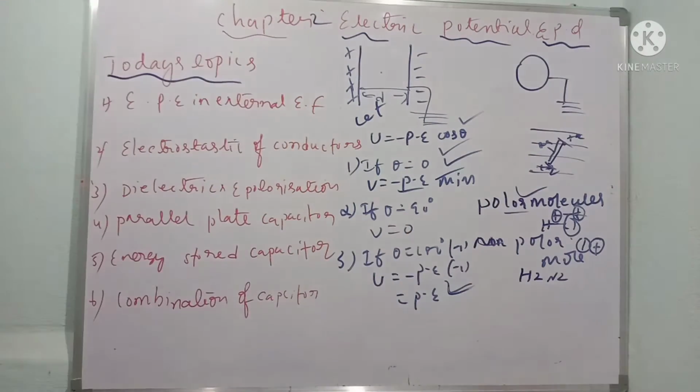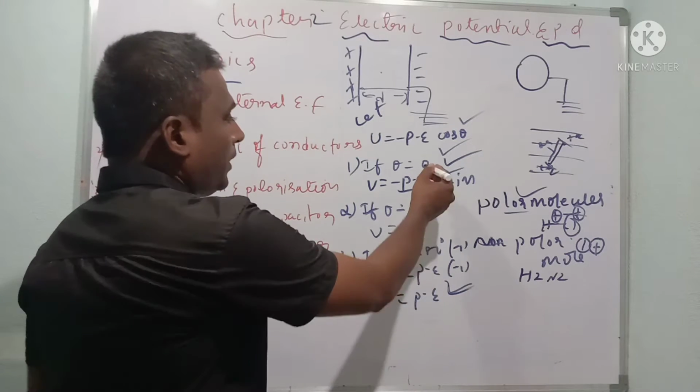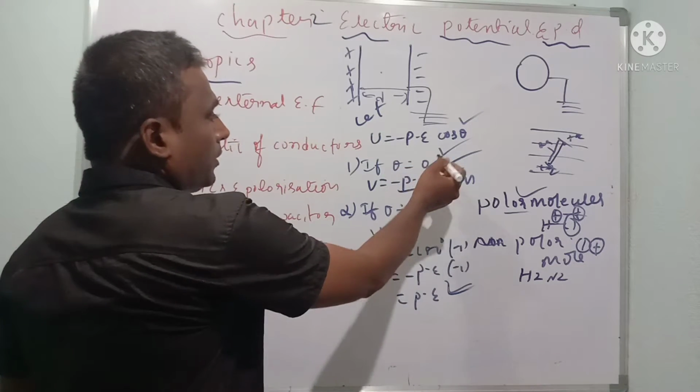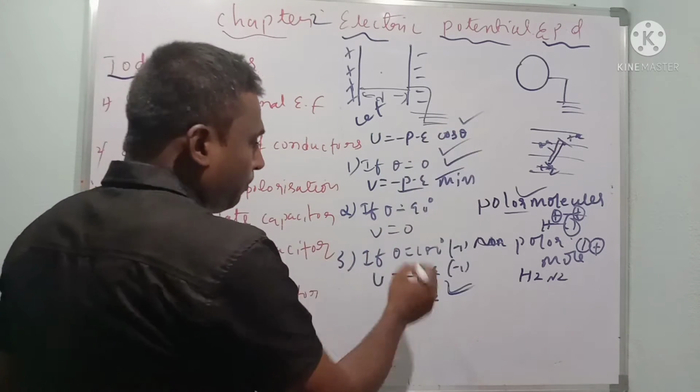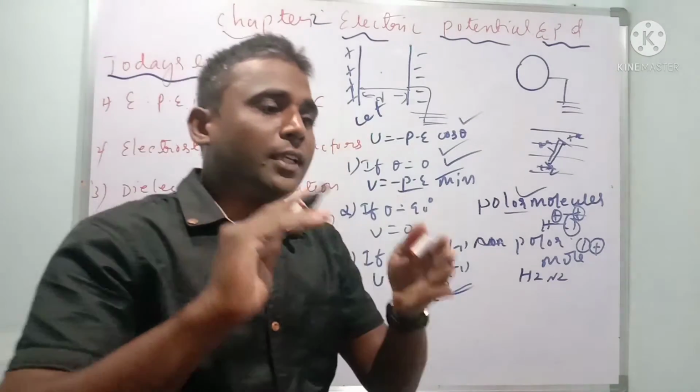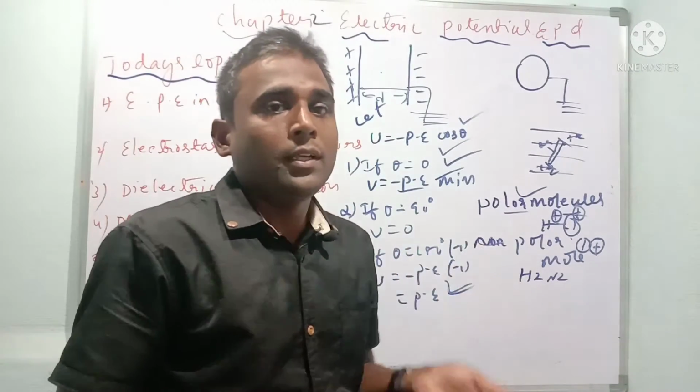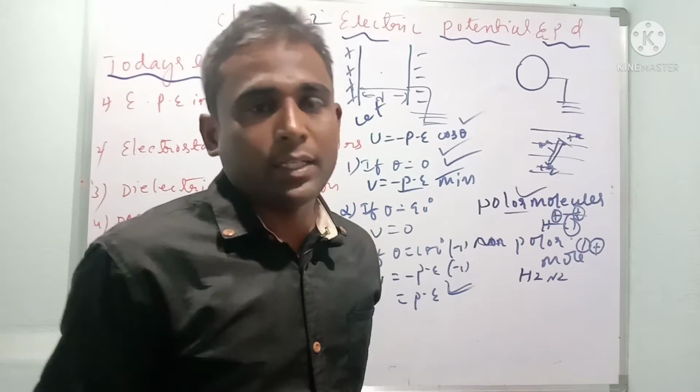Please note down the points, children. Just remember when it is stable and when it is unstable. If theta is equal to 0, that is stable. Vice versa, if potential energy is maximum, it is unstable. If potential energy is minimum, it is stable.